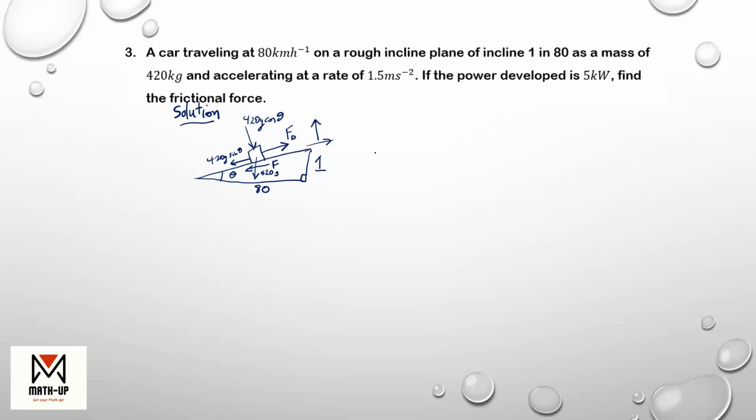I do not think it directly implies that it's a sine ratio. Yes, it's a tan ratio. So that means our tan theta is 1 over 80, for which we can find our angle as arctan of 1 over 80.